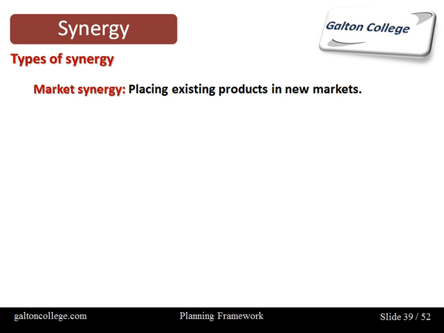So they're looking for synergy or similarities and the ability of the new market to accept the product that was perhaps successful in the previous market. So the two markets are linked because the product perhaps is successful in both. So placing an existing product in a new market gets rid of research and development, it gets rid of the uncertainty associated with a totally new product, and it just places the product in a new market.